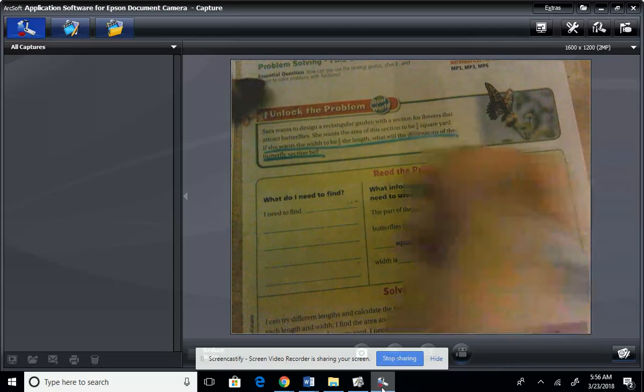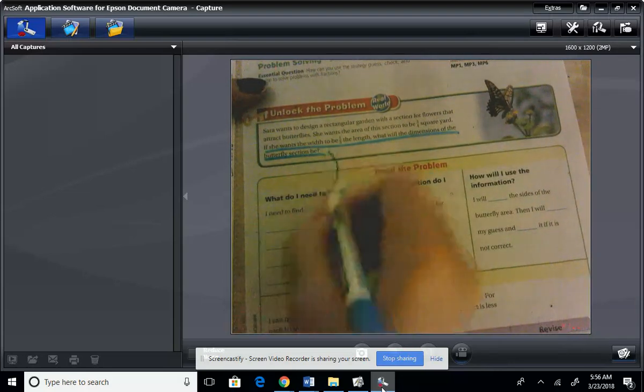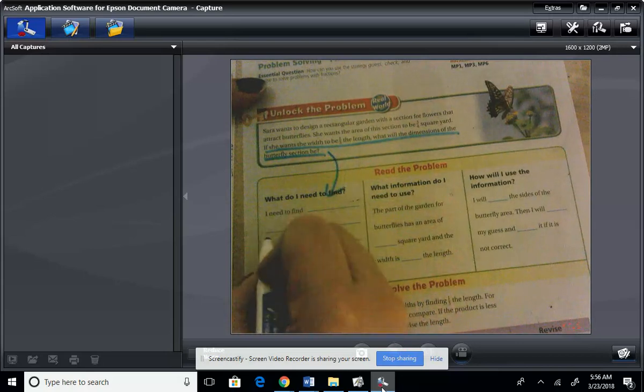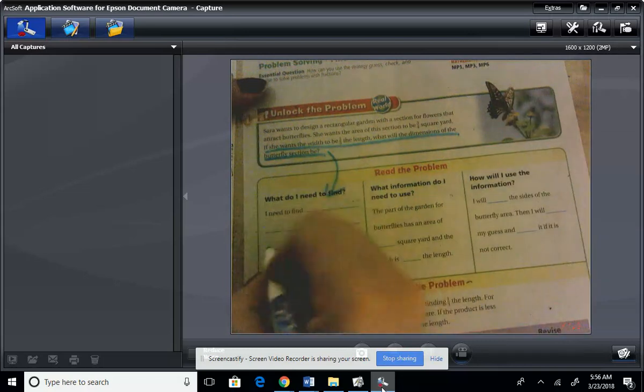So I'm just going to start off by writing an equation so that we kind of know what goes where. So I'm going to use this spot. So I know the width is, we have length times 1/3.